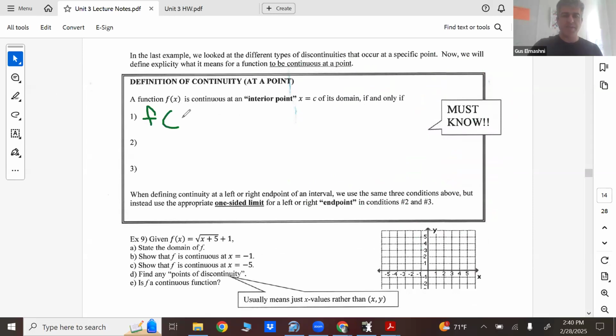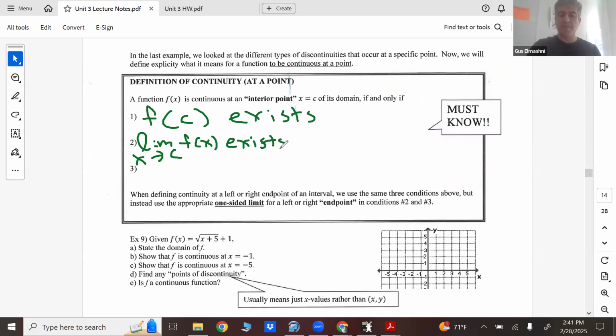F of C exists. The limit exists. For the second one to be true, the LHL must equal the RHL.